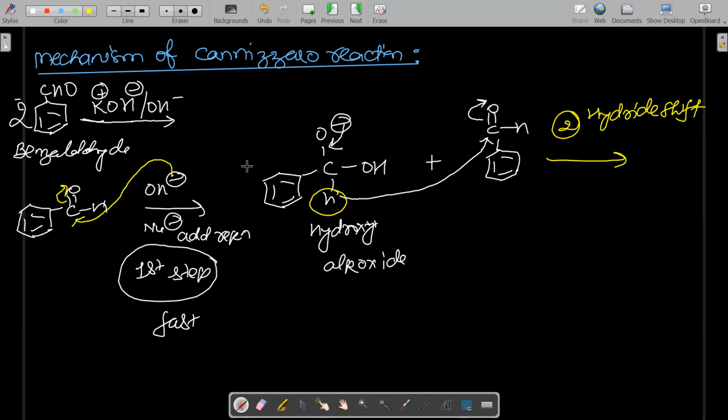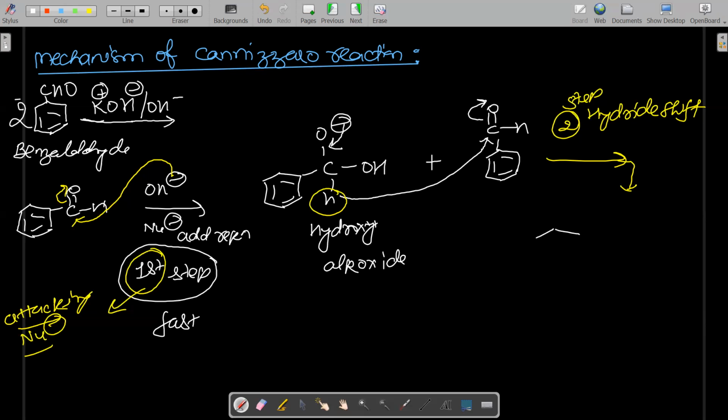So the first step is the nucleophilic addition, the attacking of the nucleophile to the carbonyl carbon. In the second step, there is a shifting of this hydride, which is called hydride shift. And what product do we get?